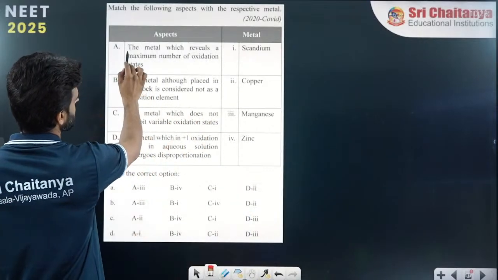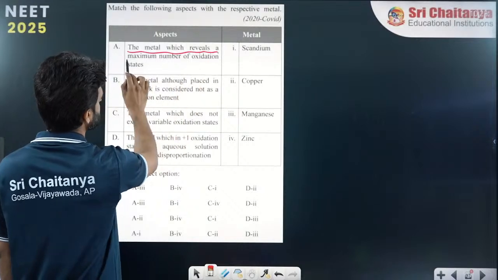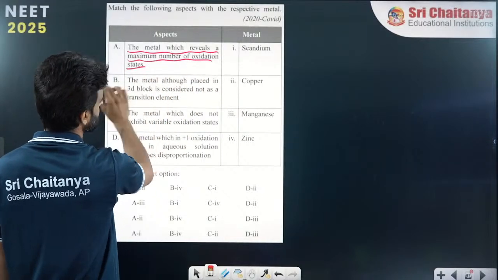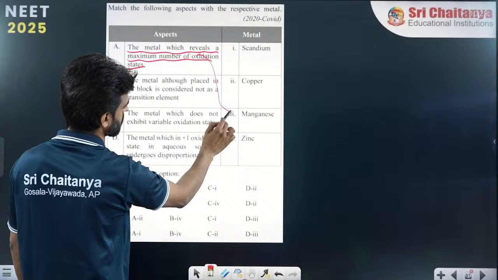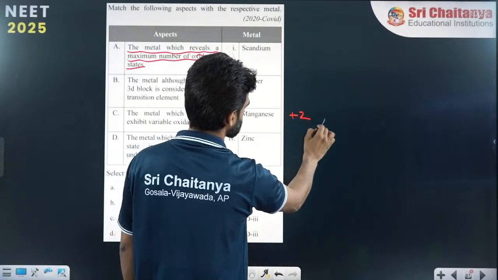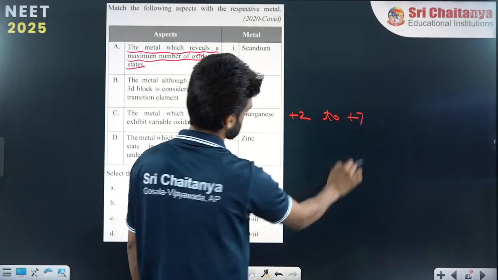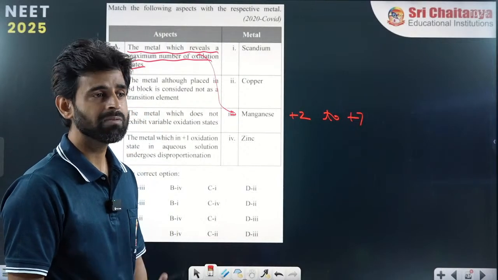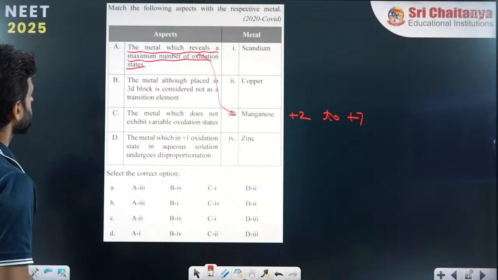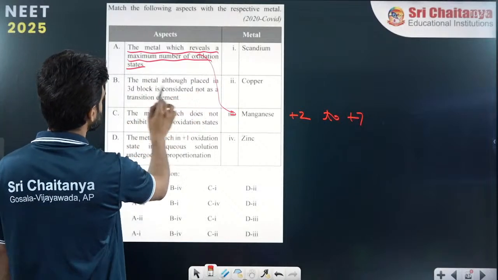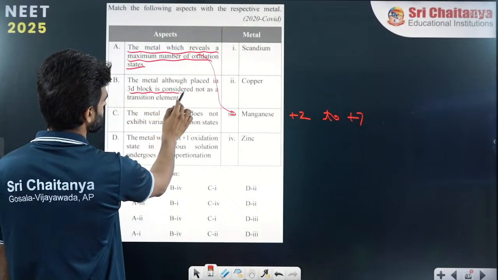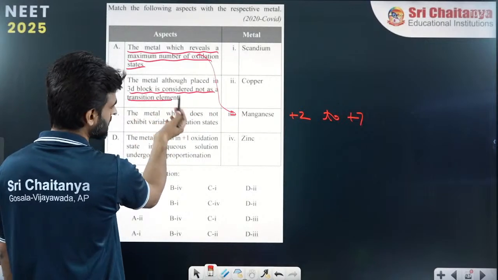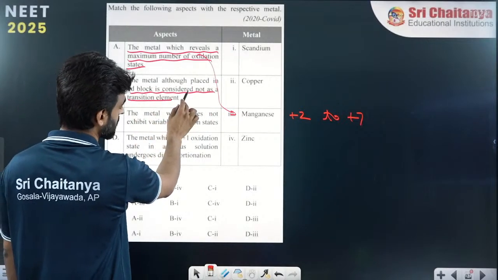Now, some of the elements from the d block, they are saying some properties are given. The metal which reveals a maximum number of oxidation states, which one? Manganese, because manganese can show from +2 to +7. Lot of variation. The middle elements in the series show maximum variation in their oxidation state. The metal, although placed in a 3d block, is considered not as transition: zinc, cadmium, mercury are non-transition elements.